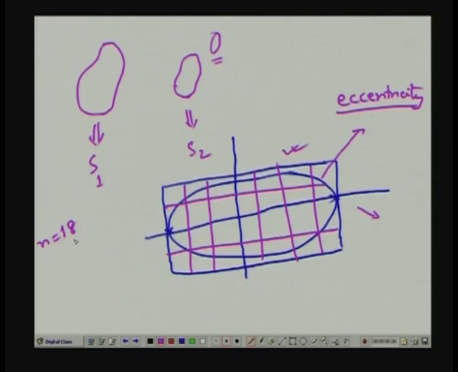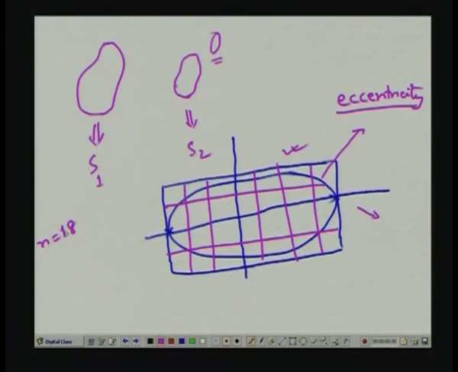I can have a limited number of rectangles having the order of the shape number equal to 18, and these possibilities are: I can generate a rectangle of size 2 by 7, or a rectangle of size 3 by 6, or a rectangle of size 4 by 5. For all these different rectangles, the order of the shape number will be equal to 18. Then suppose the eccentricity of the object shape best matches with the eccentricity of the rectangle 3 by 6.